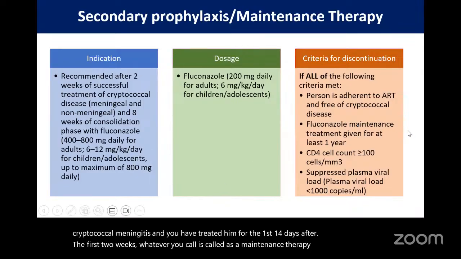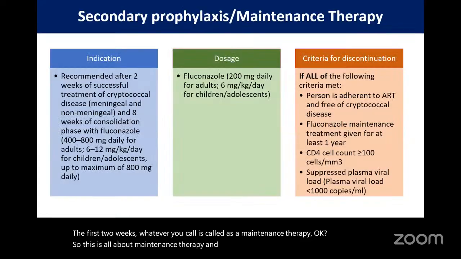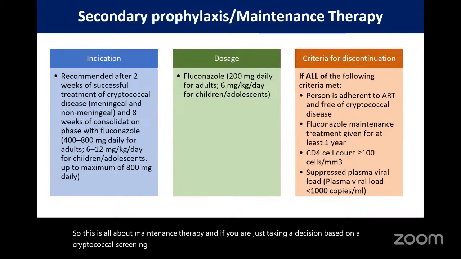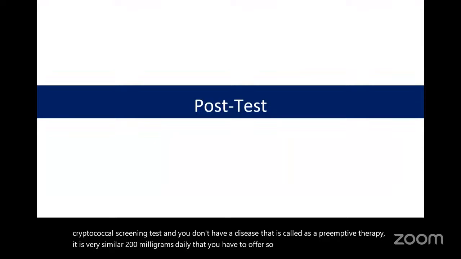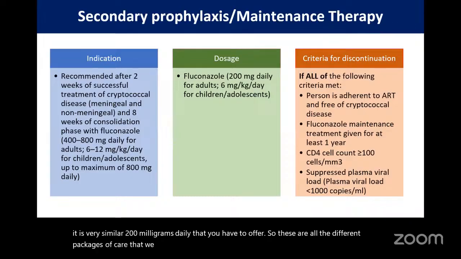Okay, so this is all about maintenance therapy. And if you're just taking a decision based on a cryptococcal screening test and you don't have a disease, that is called preemptive therapy. It is very similar, 200 milligrams daily that you have to offer. So these are all the different packages of care that we have to basically sum up all the things.